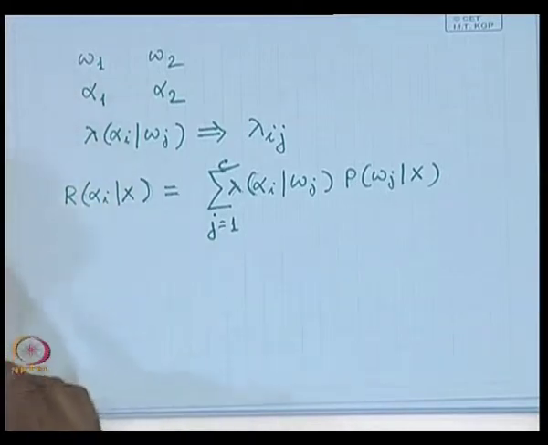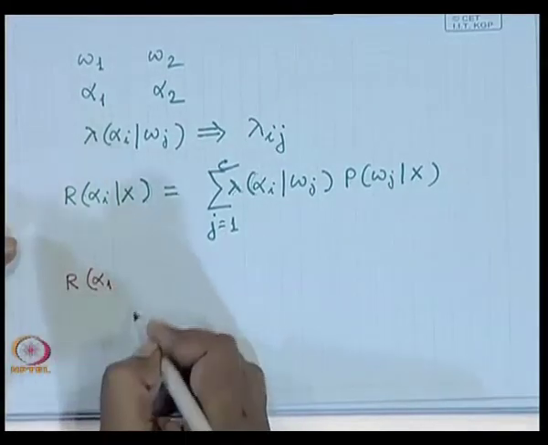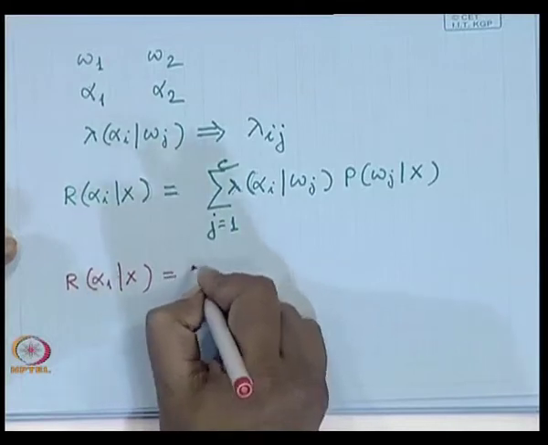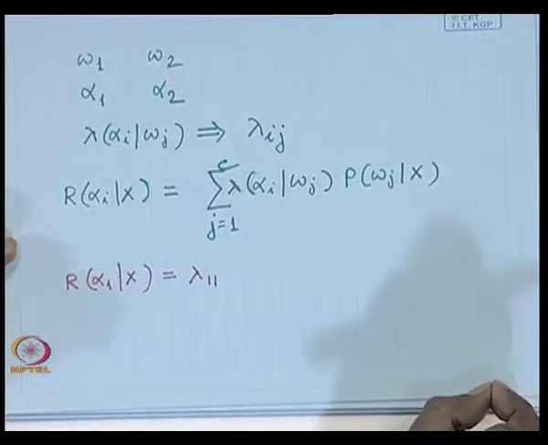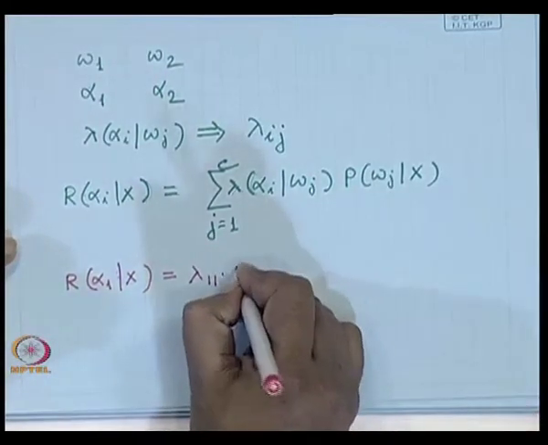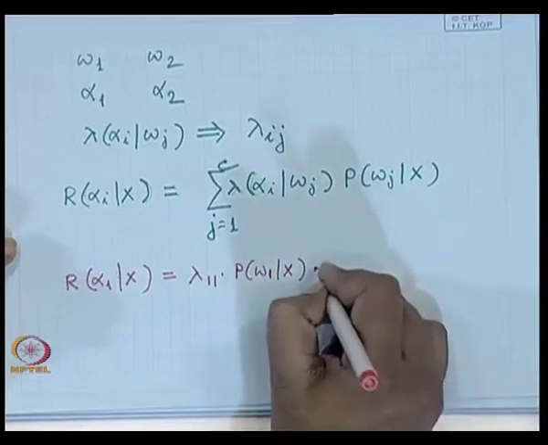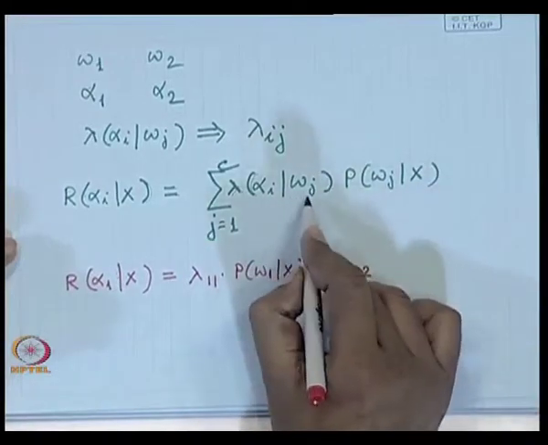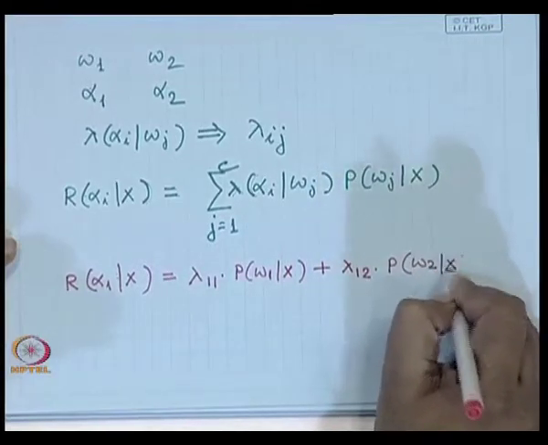Okay. So, in our 2 class problem, these expressions simply become that if I take action alpha 1, I will have r of alpha 1 given x, which will be lambda 1 1, that means lambda alpha 1 given omega 1, into p of omega 1 given x plus lambda 1 2, that means lambda alpha 1 given omega 2, into p of omega 2 given x.